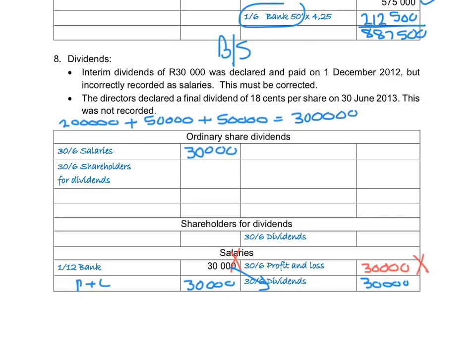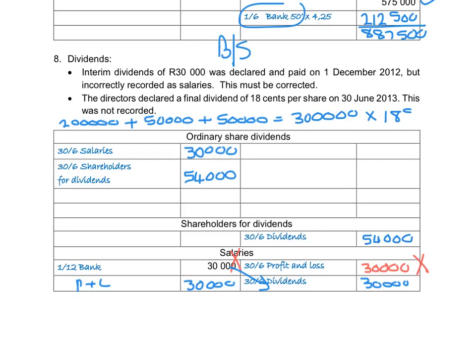And on these 300,000, we are going to pay out 18 cents, giving me 54,000 rand. So the expense for ordinary share dividends will be debited with 54,000, and the shareholders will be credited with 54,000.